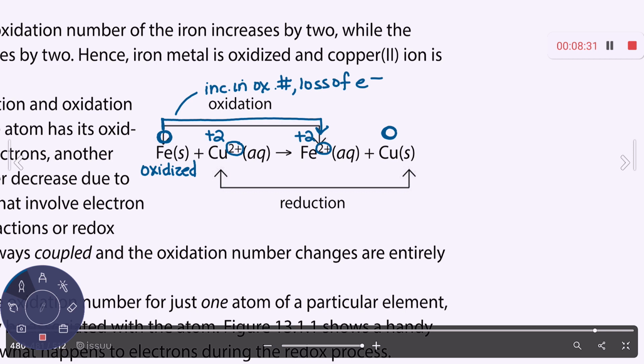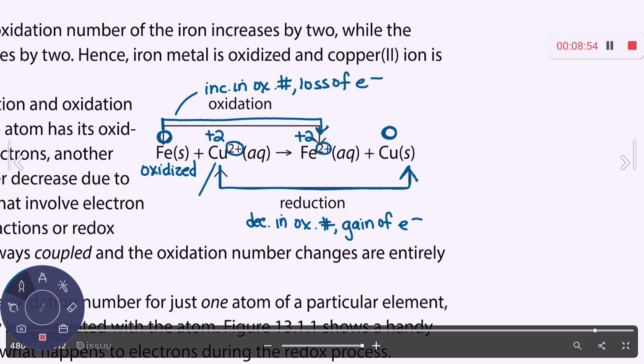When I look at the copper, I'm going from a +2 to a 0. So that means my oxidation number is decreasing. So when your oxidation number goes down, that means this is a gain of electrons because I'm gaining negative charge.